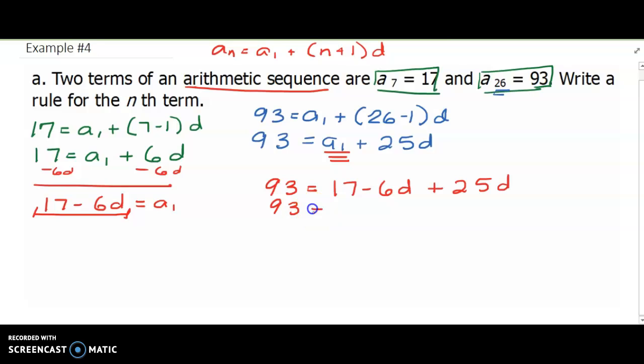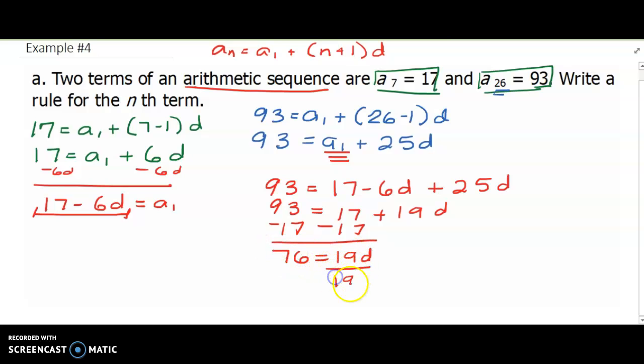Clean this up, 93 equals 17 plus 19d. Subtract 17, I get 76 equals 19d. Divide both sides by 19, I get my d is 4.